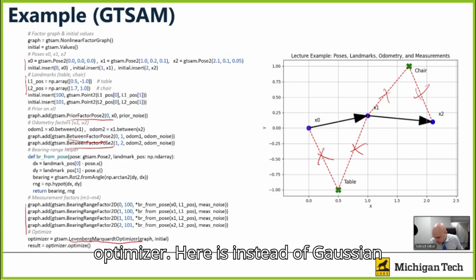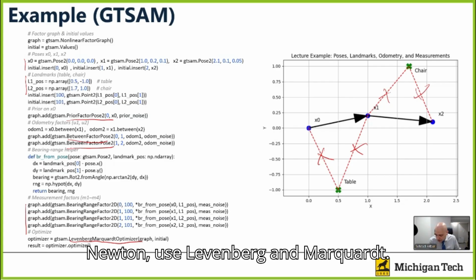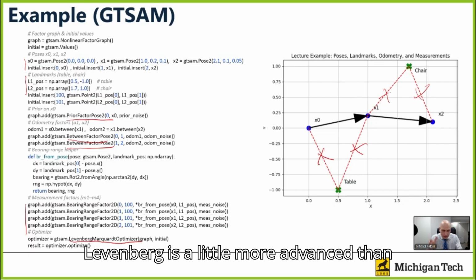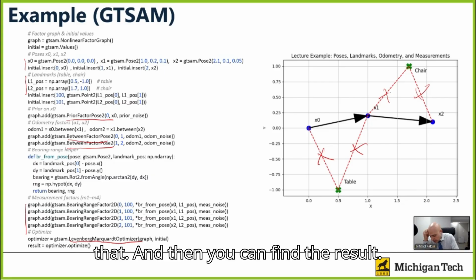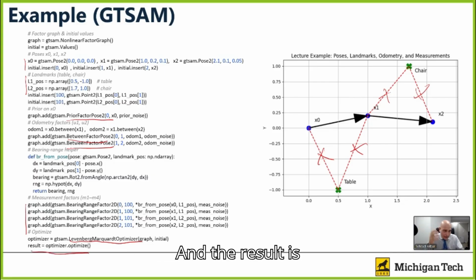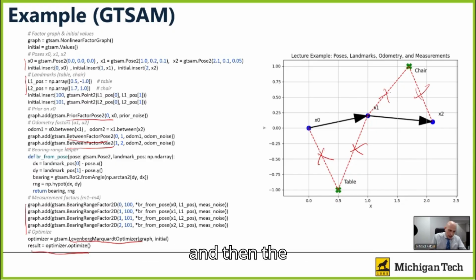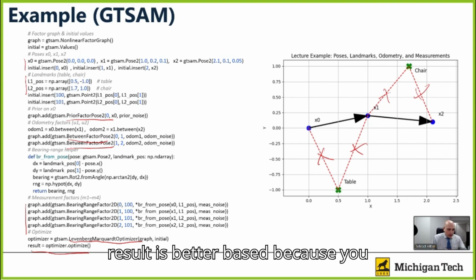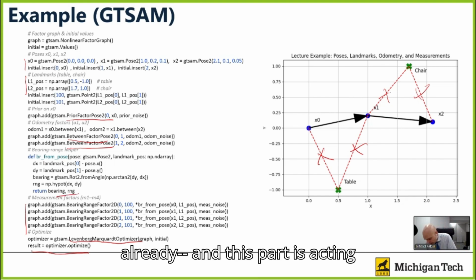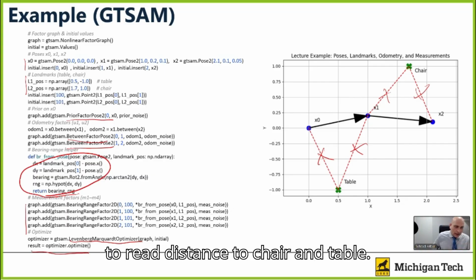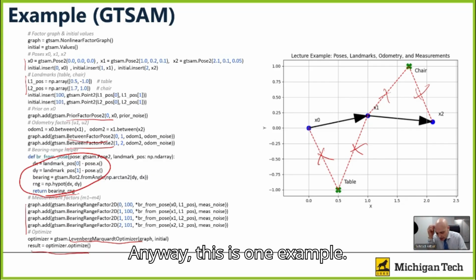Here, instead of Gauss-Newton, I use Levenberg-Marquardt. You also have Gauss-Newton too. Levenberg-Marquardt is a little more advanced than that. And then you can find the result. The result is better than what you initialized with. You initialize with something, and then the result is better because this part is acting as a sensor to read distance to chair and table. Anyway, this is one example.